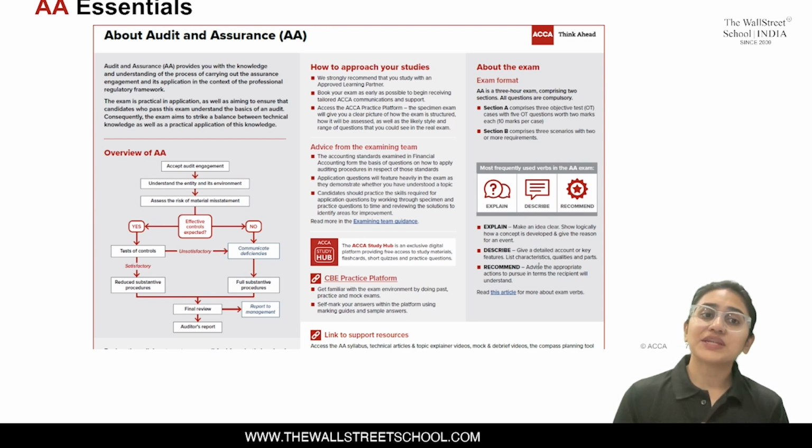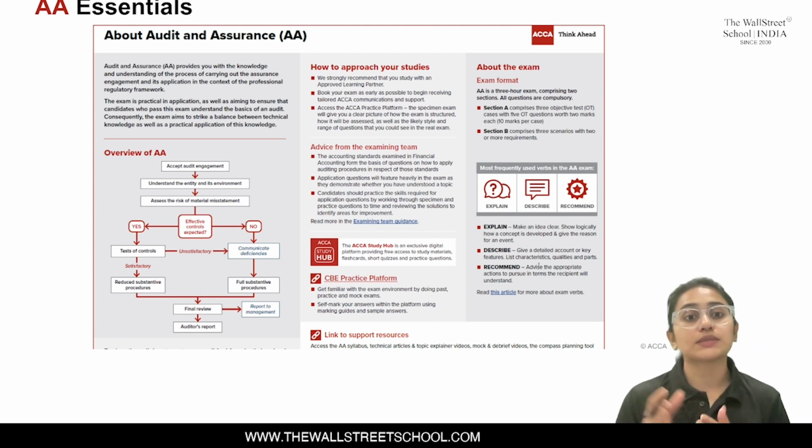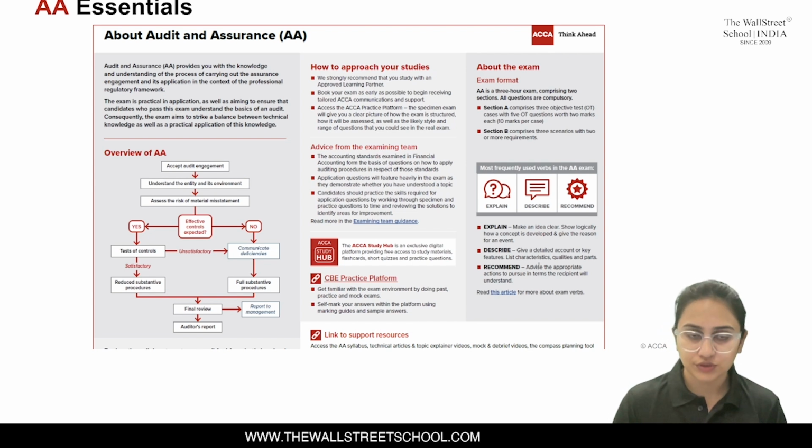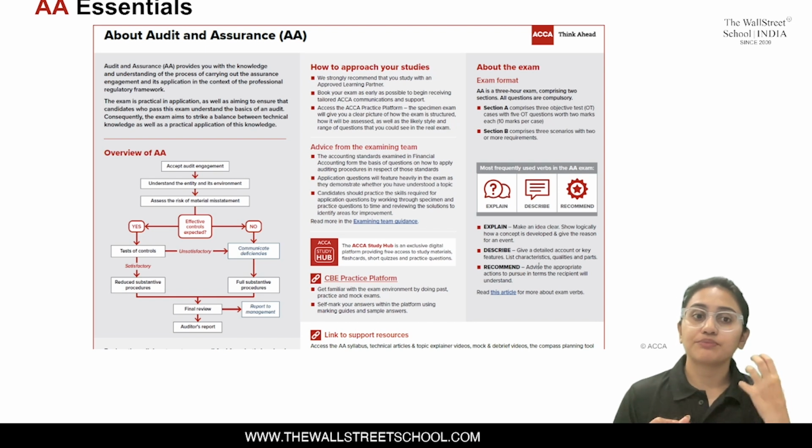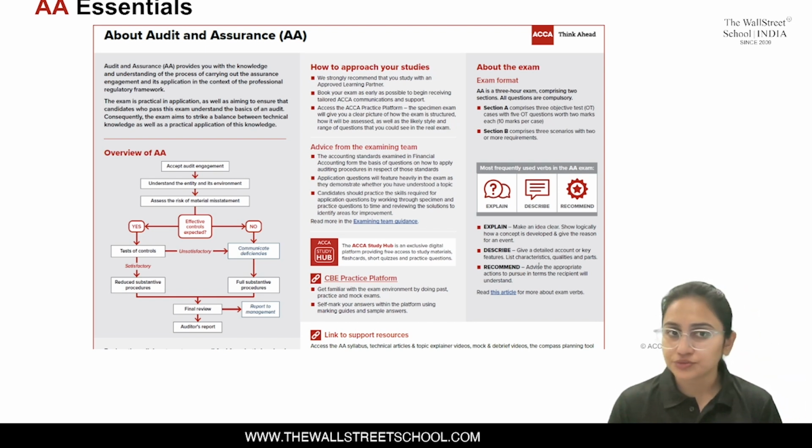This exam is very practical in application as well as aiming to ensure that candidates who pass this exam understand the basic of an audit. Consequently, the exam aims to strike a balance between technical knowledge as well as the practical application of this knowledge. So basically, in this exam, audit and assurance, it's a mixture of practical application as well as technical knowledge.